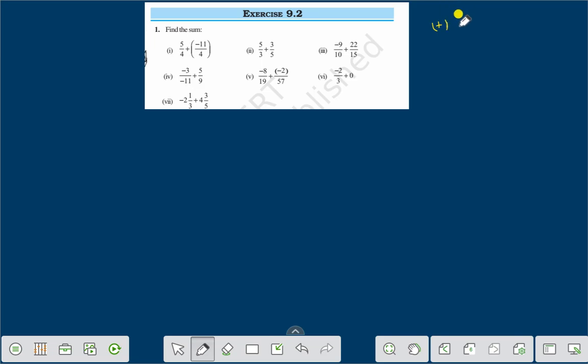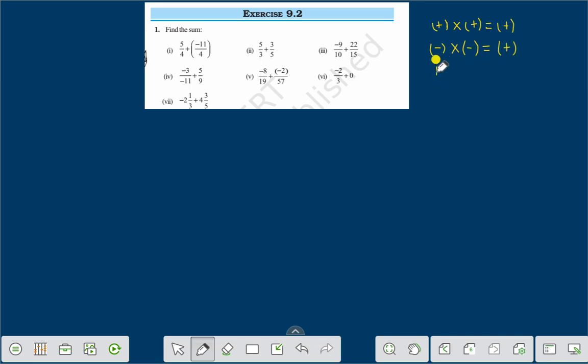If we multiply plus with plus, we will get plus. And if we multiply minus sign with minus sign, we are also getting minus into minus is plus.